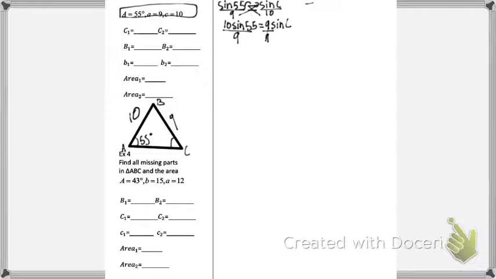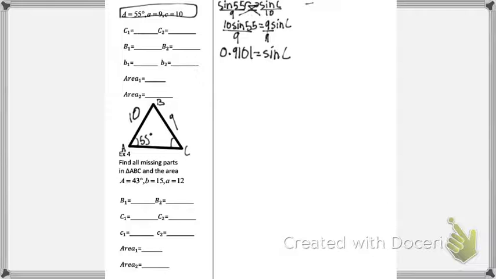So let's calculate this. 10 sine 55 divided by 9 equals approximately 0.910. And then, 0.910 equals sine C.